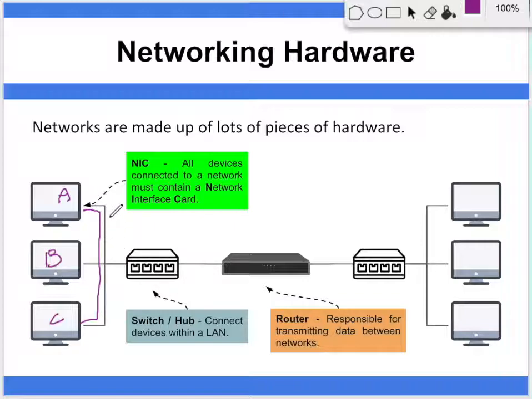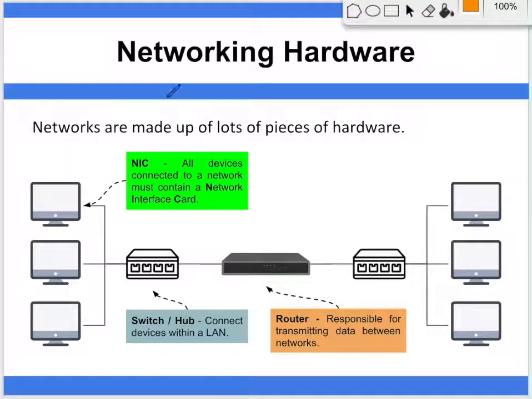The data will go into the hub, and then the hub will transmit the data out to all devices on the network, like so. Issues with that is that obviously lots of data is then being sent around the network. Also, computer B doesn't need to receive that particular piece of data, so there could be a security risk potentially as well. And it's just not a very intelligent way of doing things, but it is a cheap way of doing things.